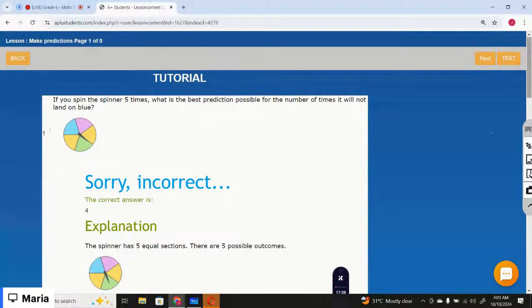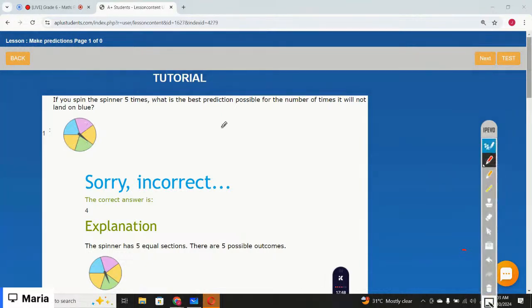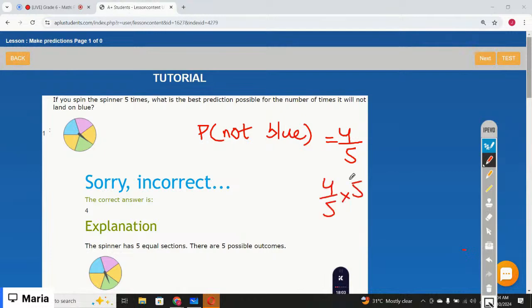Just look at the spinner: 5 portions, and blue are 1, so the probability of not blue is 4 out of 5, right? So you need to multiply it by the 5 spins. 5 and 5 cancel out, you are left with 4. That means in 5 spins, 4 times it lands on not blue. Got it? The correct option is 4.